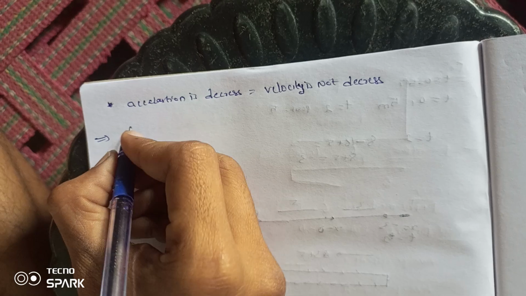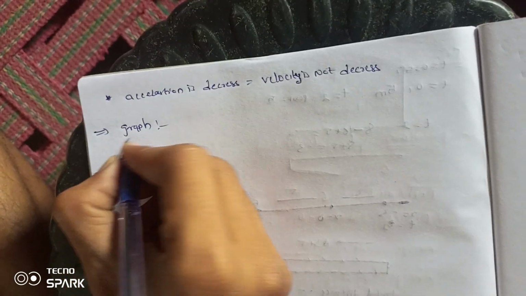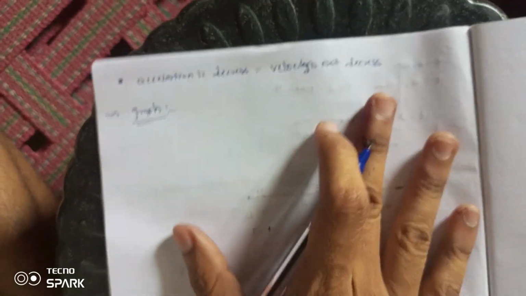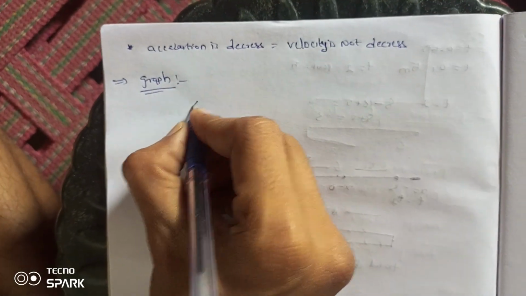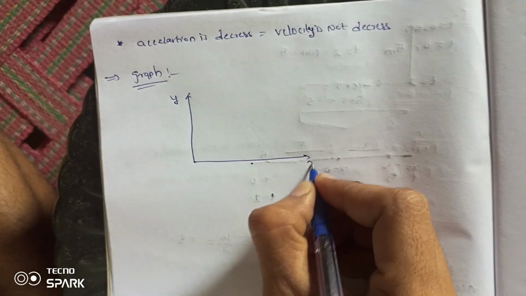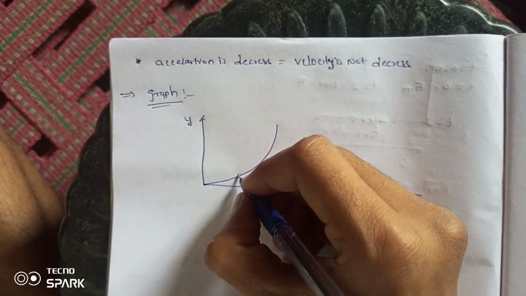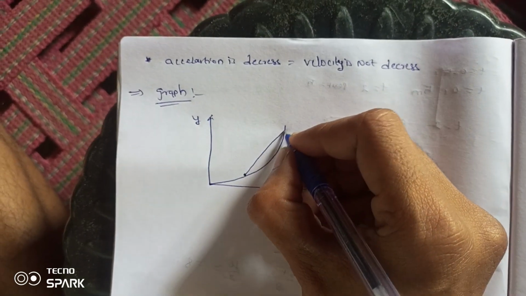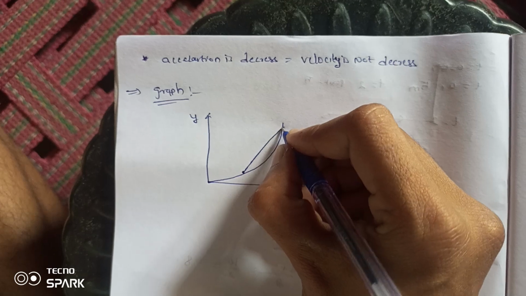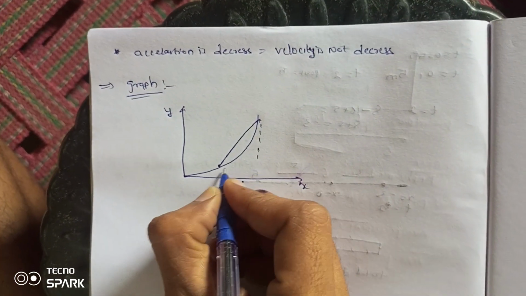Explained with graphs. Graphs explain instantaneous velocity and average velocity. Suppose the y-axis and x-axis, draw the slope from point A to B. Find the slope, that is tan theta.